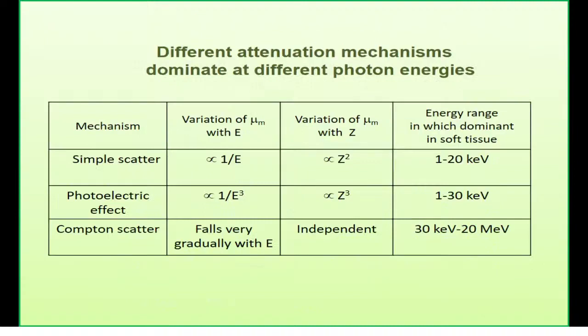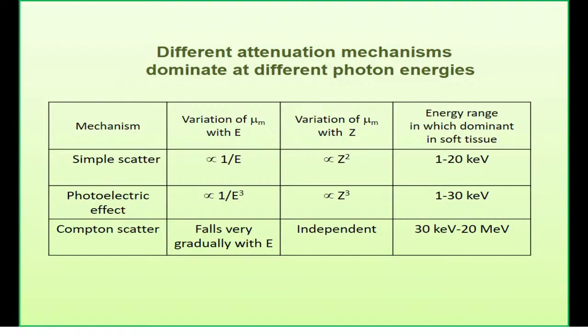Different attenuation mechanisms dominate at different photon energies. This was mentioned already, and you can see simple scatter is dominant for X radiation photons of that range.